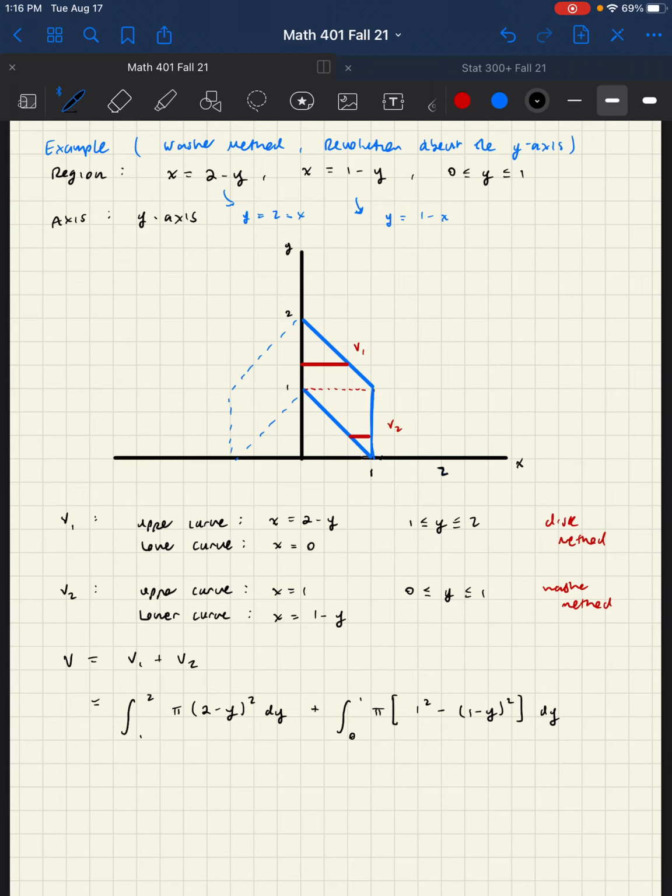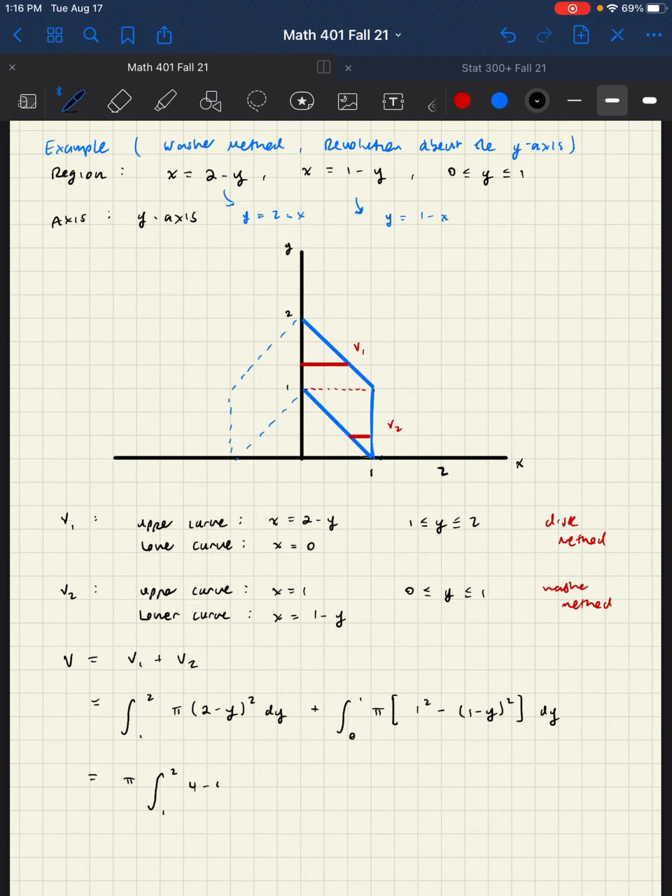Oh, it's subtle. See? This one is the washer method where we have the upper curve squared minus the lower curve squared. And that does matter. It's important to split it up into the 2 volumes, otherwise we're not doing this correctly. But from here, it's not too bad. Now we're just integrating. What I mean is, at this point, it's more about the algebra of the problem rather than the geometry of the problem.